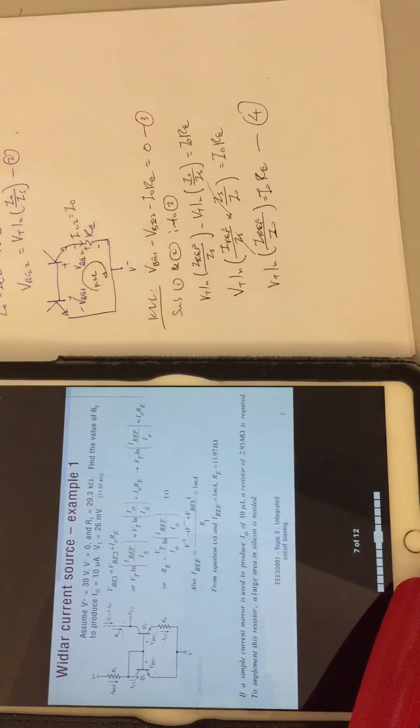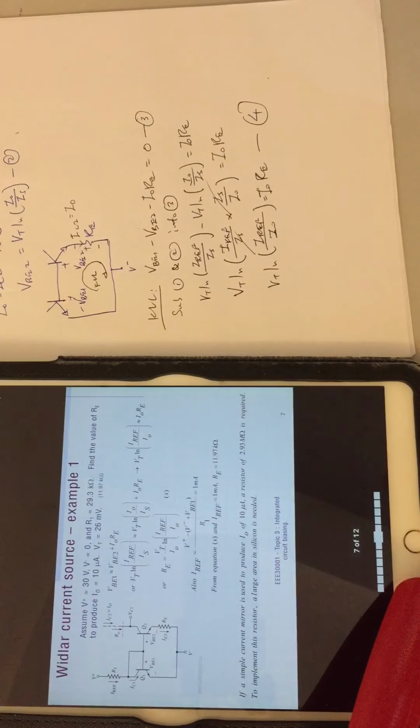So now we come to the example for the Widlar current source. The DC supplies are 30 volts and 0 volts. R1 is 29.3 kilohms. Find the value of RE to produce IO of 10 microamperes.